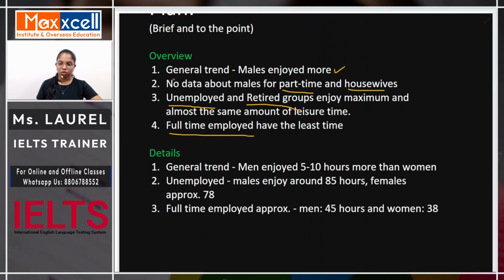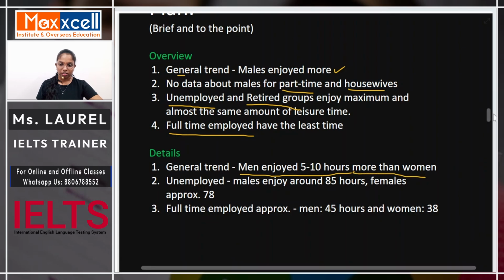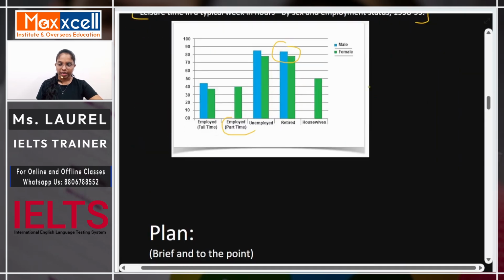The first point in the overview is the general trend. So here in the details we have put that men enjoyed 5 to 10 hours more than women. Now let us look here and you will understand. If you check the difference here, it will come to around 5 to 10.